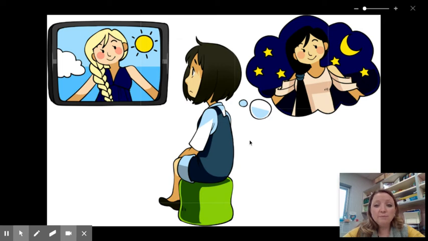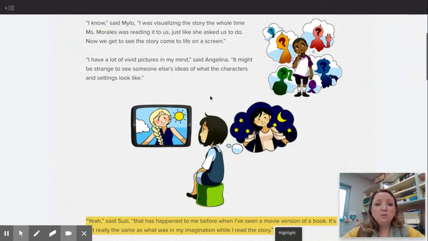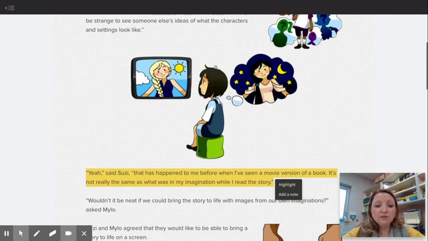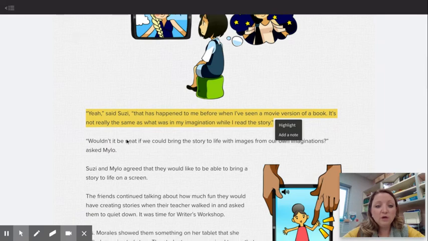So if we could pause the video right now, and then we'll talk about the difference of the think bubble and the video itself. So go ahead and pause the video. Okay, since we've already talked about what the differences are, we're going to go ahead and read.